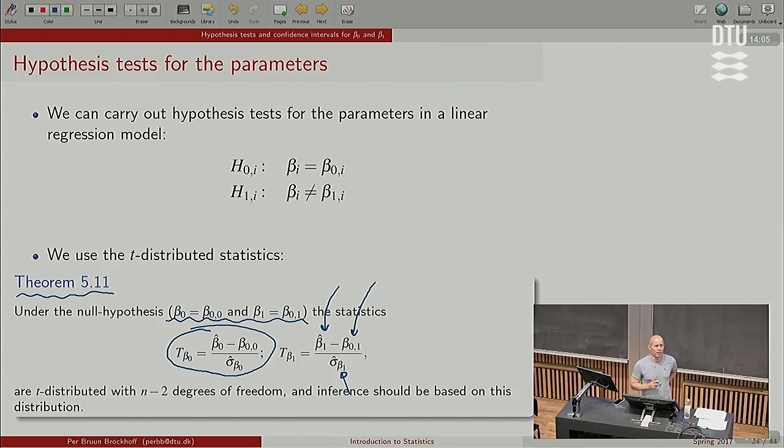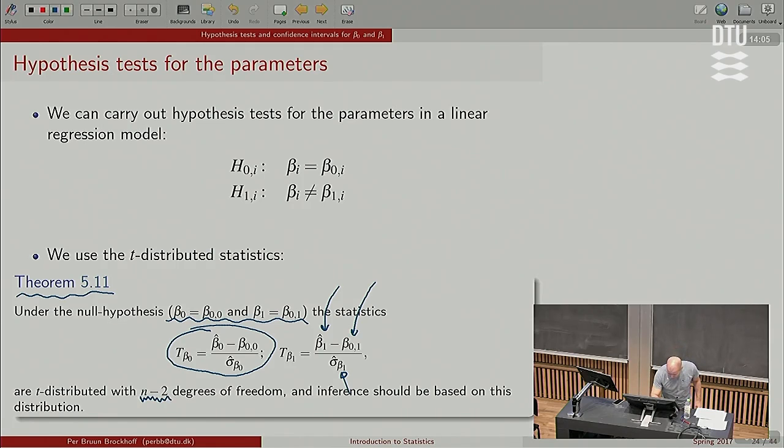This theorem tells us what our expectations would be, exactly the same theorem that we had for a mean or the difference of two means, that such differences behave like a t-distribution if I standardize them. So the standardized sampling error is distributed like a t-distribution.